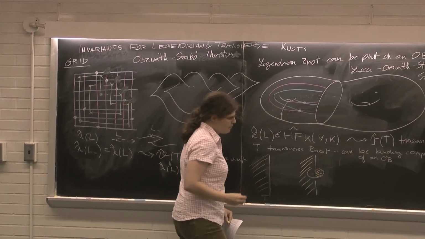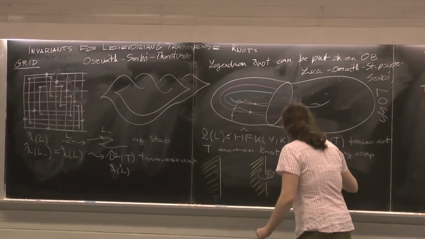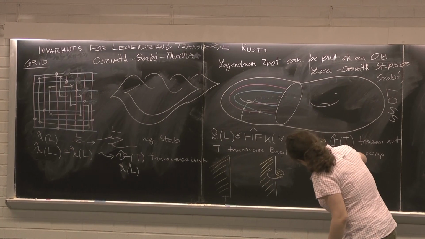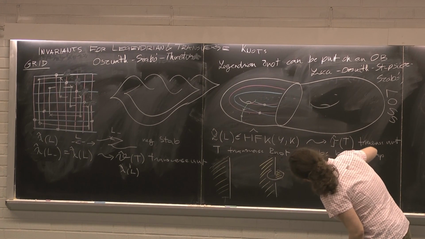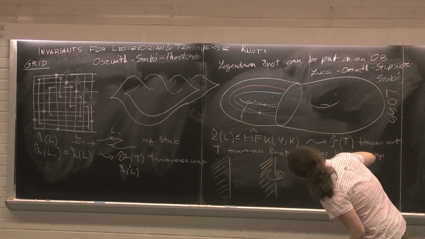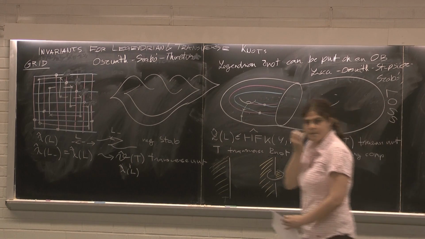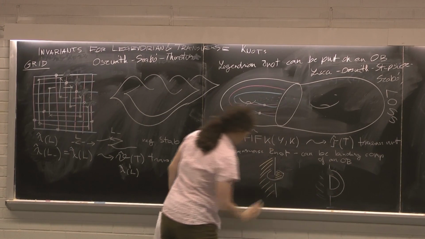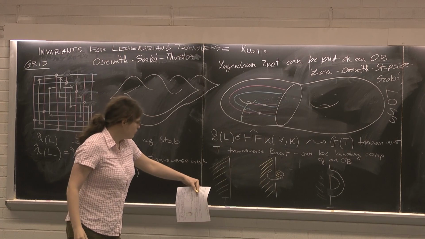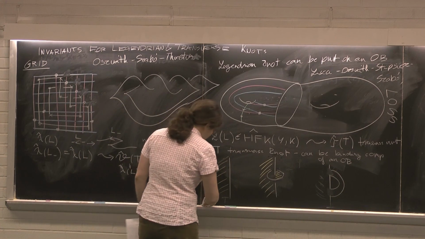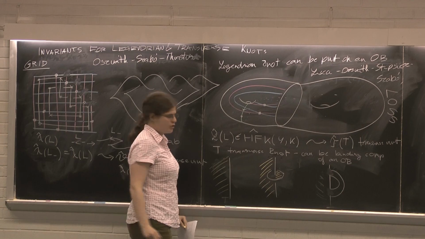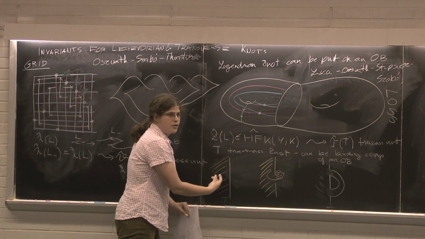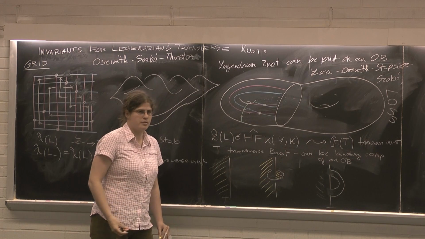So if I had the page of the open book here, and I don't care about the embeddings, then the new page is going to look like this, because this is just twice twisted. The reason you have to do this, first of all, is that when you want to realize a Legendrian push-off of this transverse knot on this page, it's not possible.